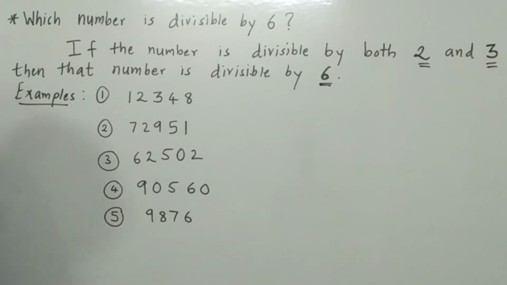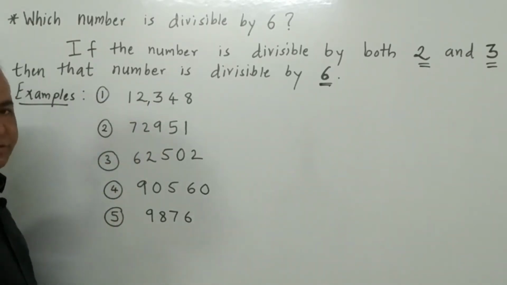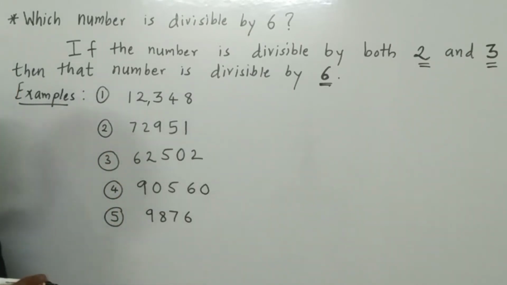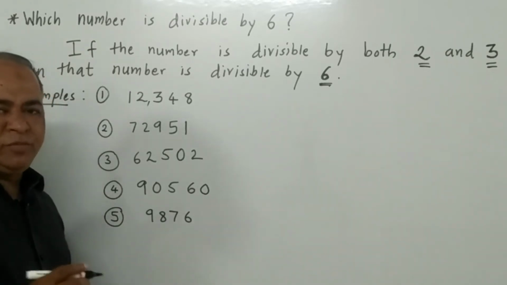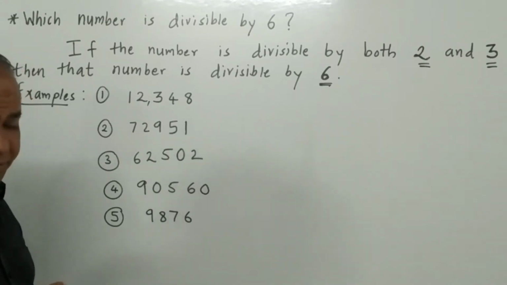So let us see some examples. Is this number 12,348 divisible by 6? First, we know that the test of 2 is when the unit place digit of the number is 0, 2, 4, 6, 8, then that number is divisible by 2. And for 3, if the sum of the digits is a multiple of 3, then that number is divisible by 3.